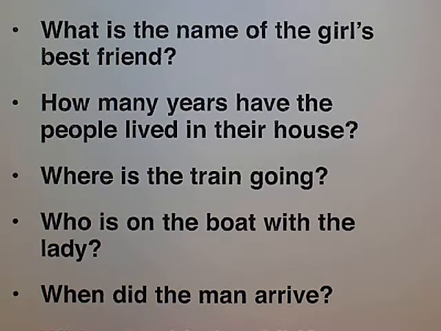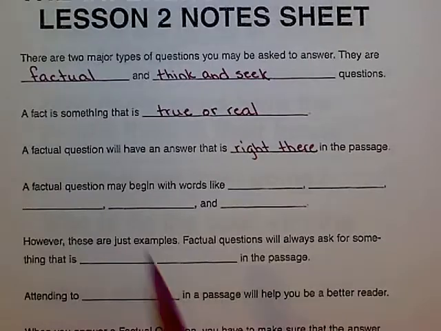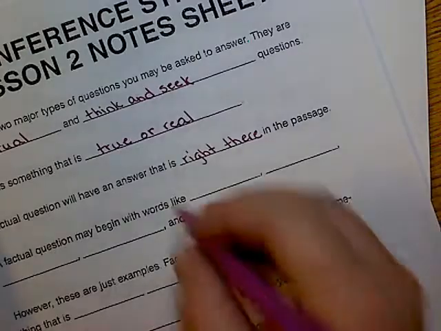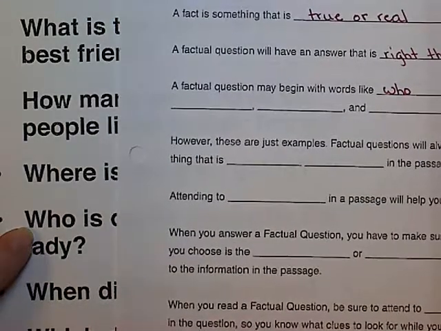So let's just note really quickly what a factual question may begin with, and we'll go ahead and note them. So if I'm looking at the beginning of my sentences here, see if you can see it. Okay, so I am looking for words like who. Notice how I have who.